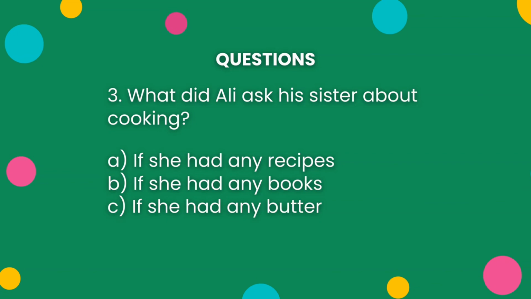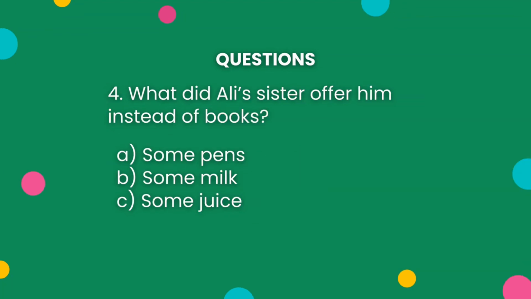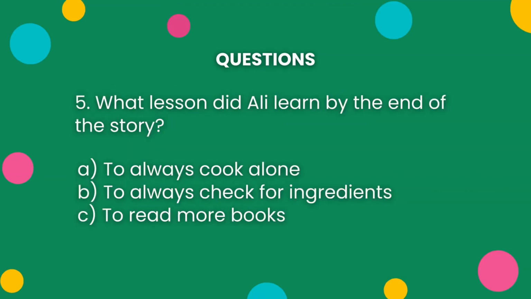What did Ali ask his sister about cooking? 4. What did Ali's sister offer him instead of books? 5. What lesson did Ali learn by the end of the story?